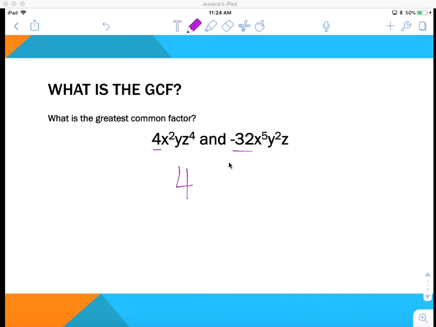I have x squared and x to the 5th, so I can take 2 from each of those. I have y and y squared, so I can take 1y from each of those. And I have z to the 4th and z, which means I can take 1z from each of those. Whenever you're dealing with your exponents, you're going to take the largest amount that you can take from both. They have to have it in common.